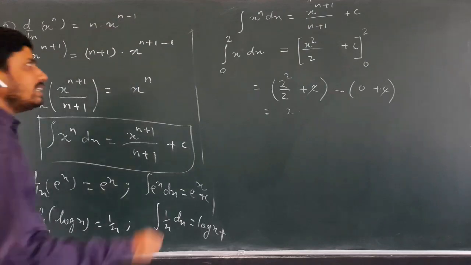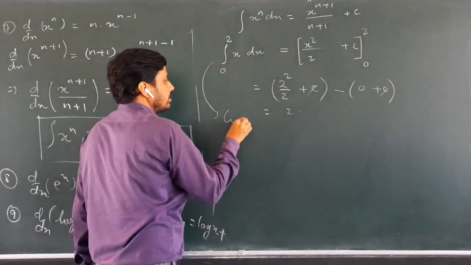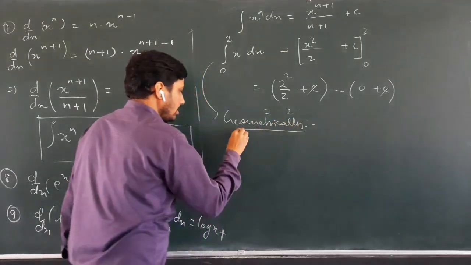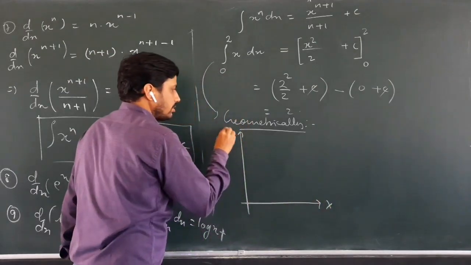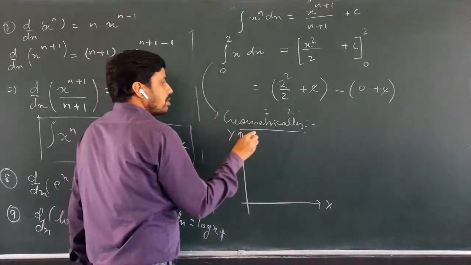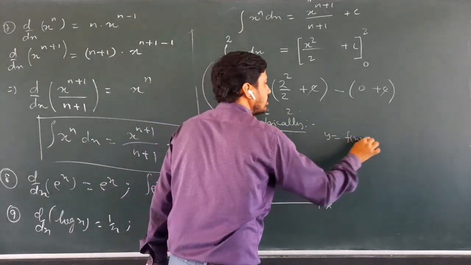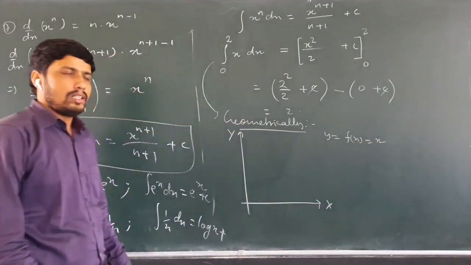Okay. Let us try to find the same thing geometrically. First we plot the graph, x-axis, y-axis. What is our function? Our function is y is equal to f of x, where f of x is given as x. Y equals x.